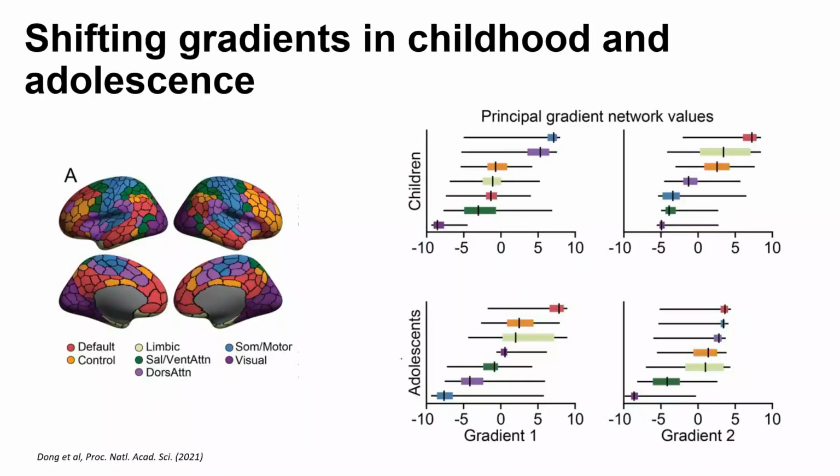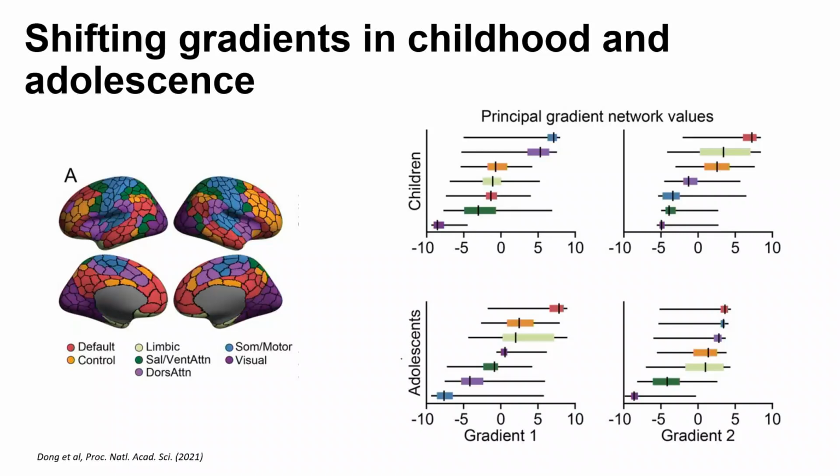In a recent study leveraging resting state fMRI scans in healthy individuals aged 6 to 17 years old, we note that the transition from childhood to adolescence is reflected in the gradual maturation of gradient patterns across the cortical sheet. In children, the order of the gradients is flipped compared to adults.